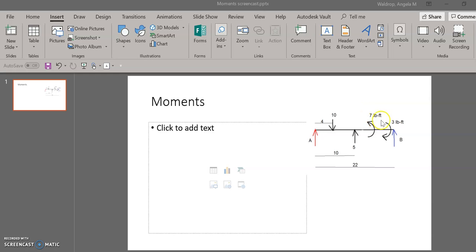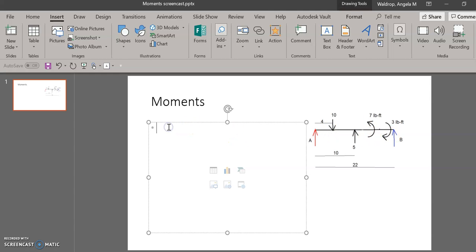We've got this 7 pound-foot, which is pointing in the counterclockwise direction. And then we also have this 3 pound-foot, which is pointing in the clockwise direction. Okay, so we have all of that there. We know what all of those pieces are.